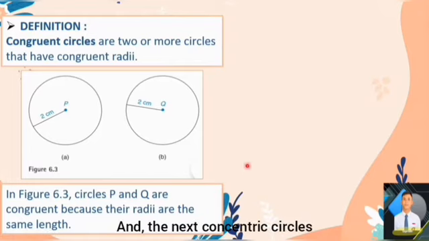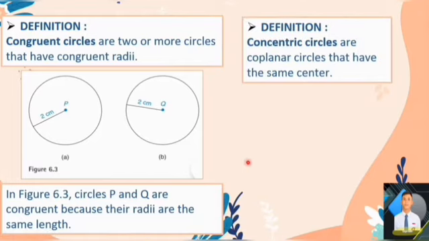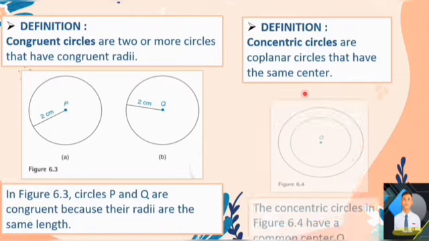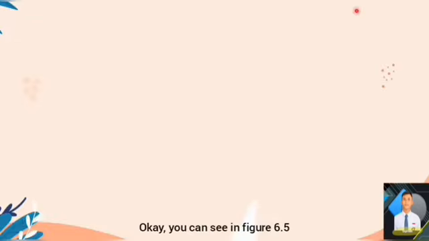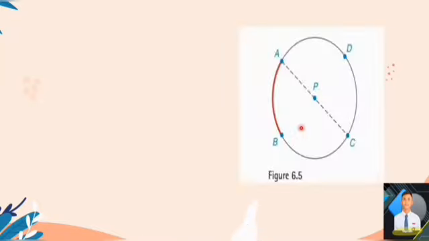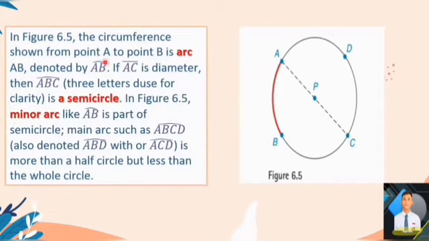And the next, concentric circles. Concentric circles are coplanar circles that have the same center, and you can see in figure 6.4. The concentric circles in figure 6.4 have a common center O. Okay, you can see in figure 6.5. In figure 6.5, the arc shown from point A to point B is arc AB, denoted by AB.